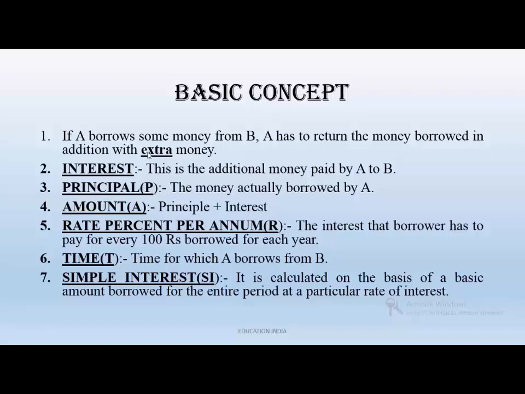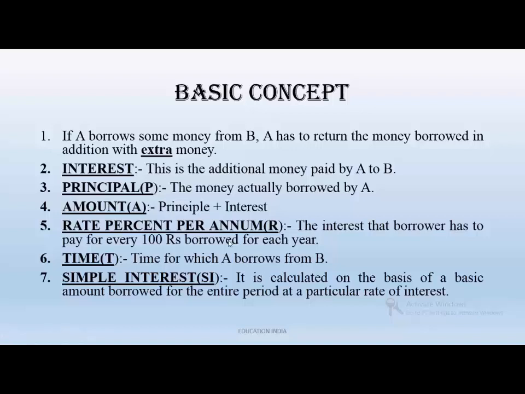First, take the case that the interest was calculated on a simple interest basis. If A borrowed 100 rupees from B at a rate of 10% per annum for 2 years, then after the end of the first year, A needs to return 100 rupees, the amount borrowed, and 10 rupees extra.